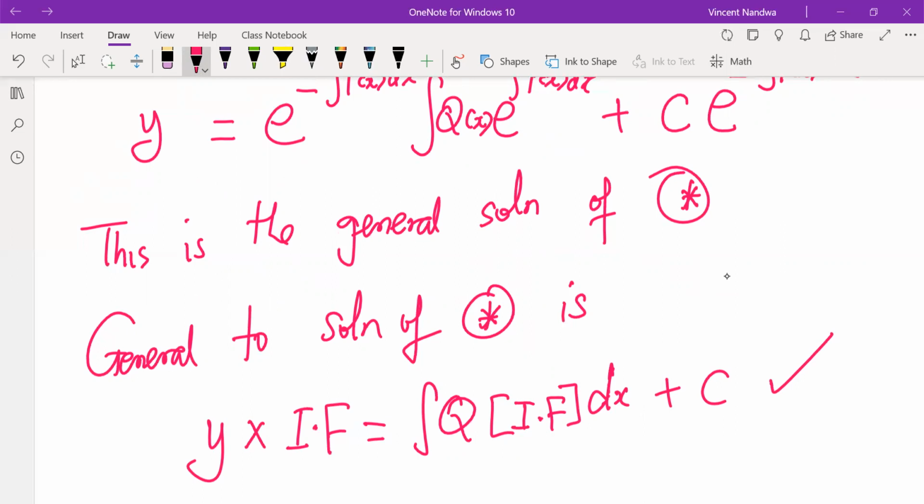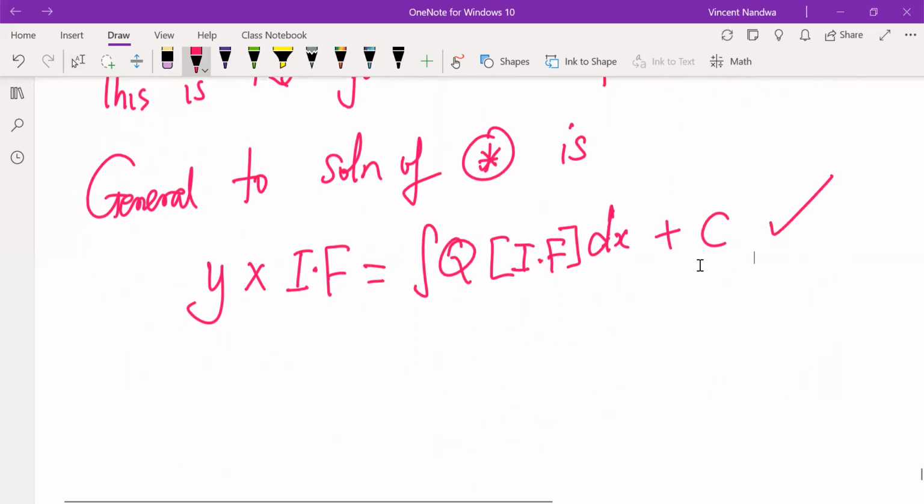Now, the solution of the star equation is not as complicated as the derivation of the steps. What you only need is to write the equation in the star form. Once you have that form, you identify P, and then from P, you write the integrating factor, and then proceed.